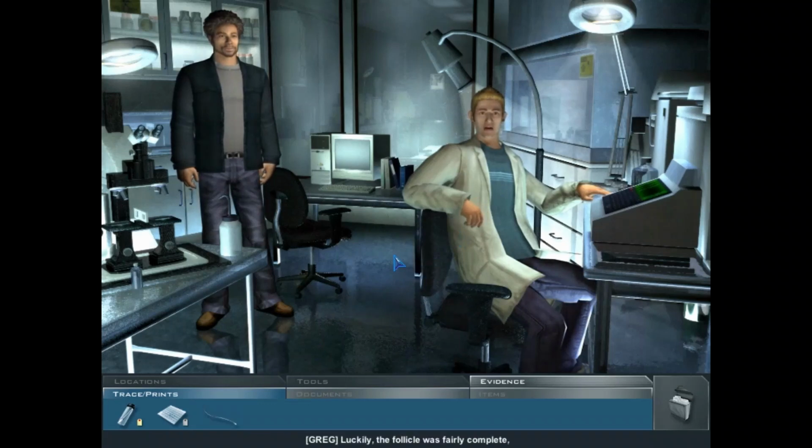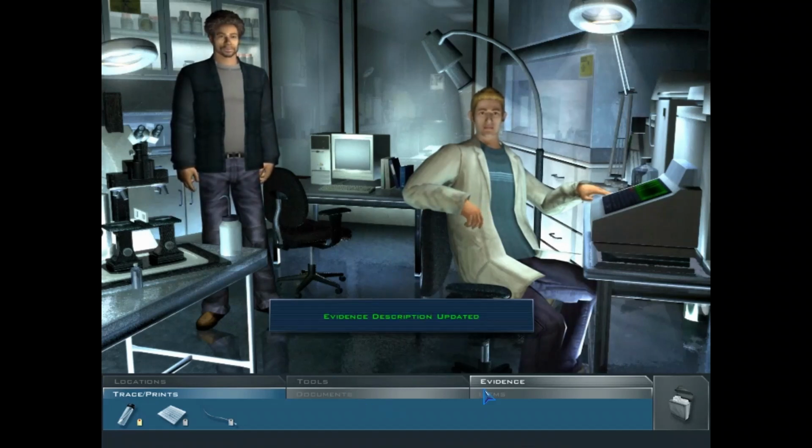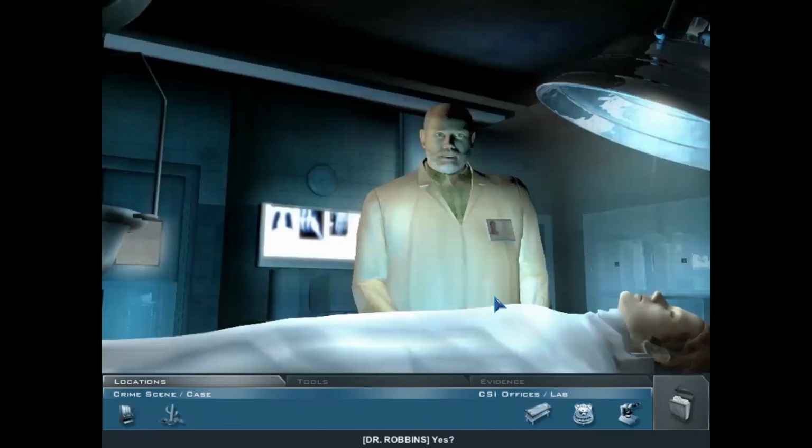Luckily, the follicle was fairly complete, though I needed the thermocycler to amp the DNA. But I got a stronger sample now. On the other hand, a coded search came up bupkis, and I'm waiting for Doc Robbins to send over the vic's DNA to do a comparison. Want to help speed things up? Go over and get that sample from the morgue. Yes? Timing is everything. I was just preparing one. Here you go.